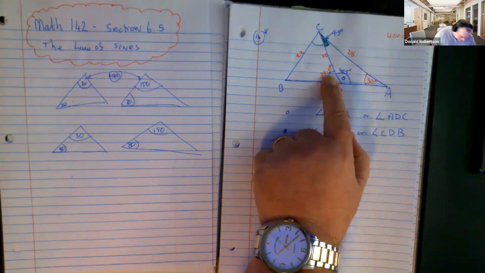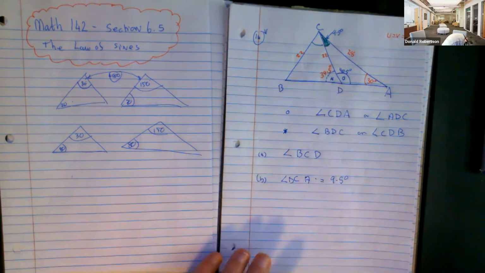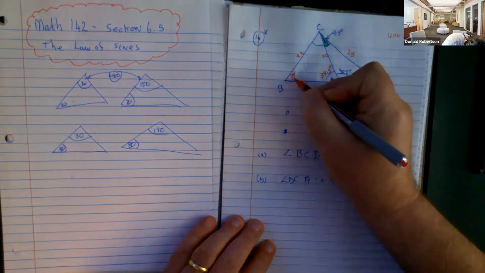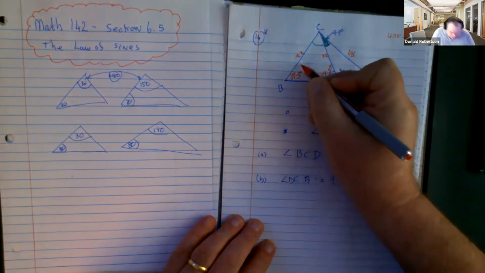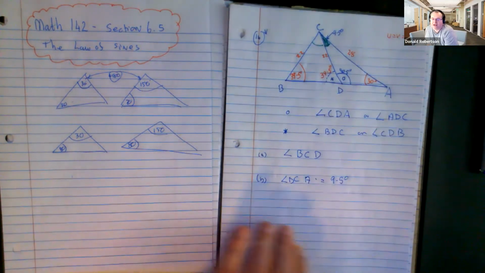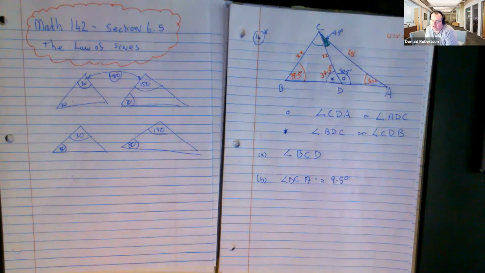Now I'm going to make another answer without doing the sine rule. I'm going to say that guy there is also 39.5. And I didn't need to use the sine rule to do that, although I could have if I wanted to. How can I get away with just saying that answer as well?